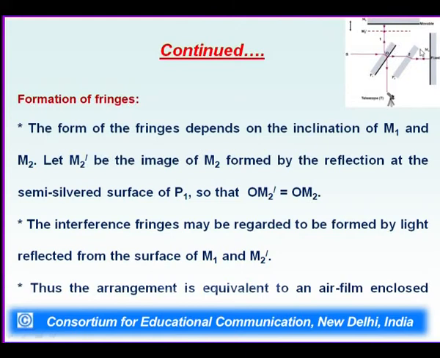This means we have an image of M2 in the mirror M1 side, and these two distances are equal. The interference fringes may be regarded as formed by the light reflected from the surfaces of M1 and M2 dash. Thus, the arrangement is equivalent to an air film enclosed between the reflecting surfaces M1 and M2 dash.